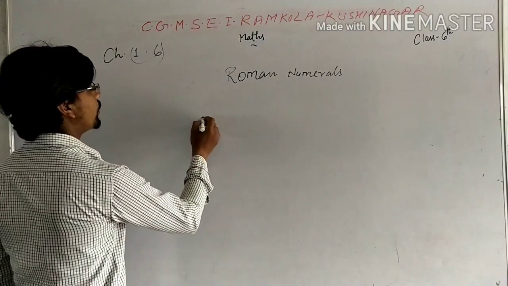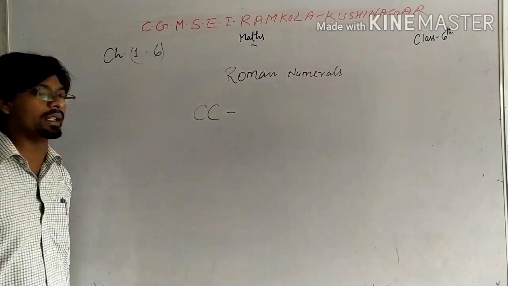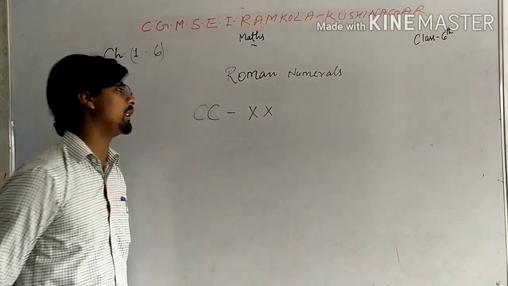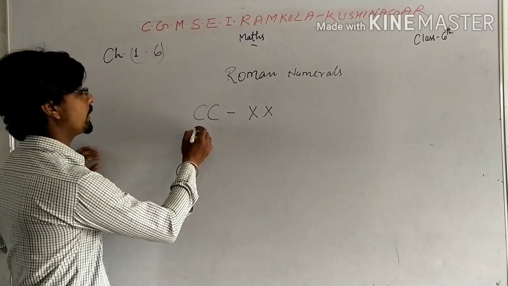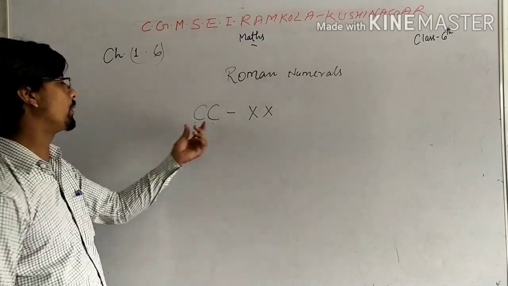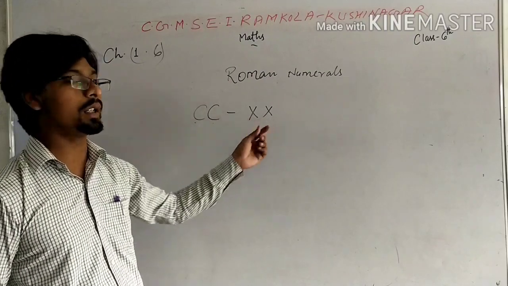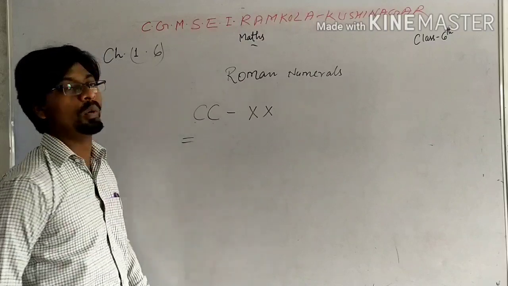Suppose you have to do C C minus X X. It is the sign of subtraction, and these are 100 and 100. Both are 100, so there are 200 and this is 20. It means 200 minus 20 is equal to 180.